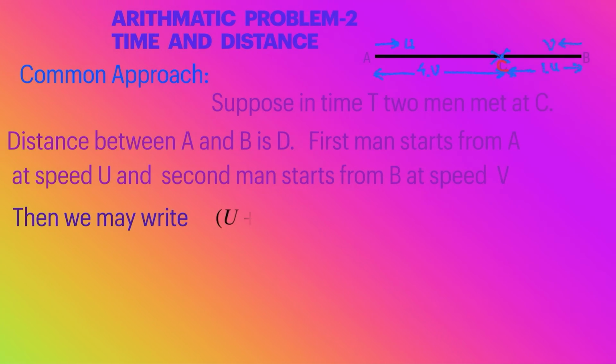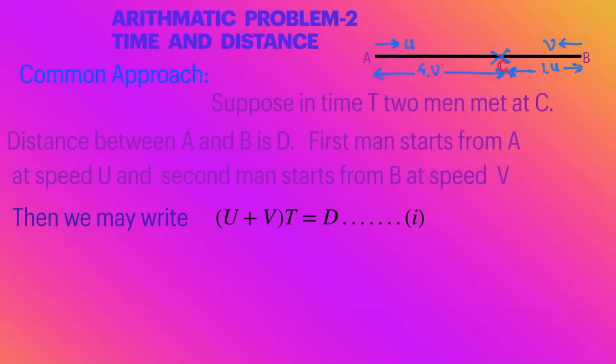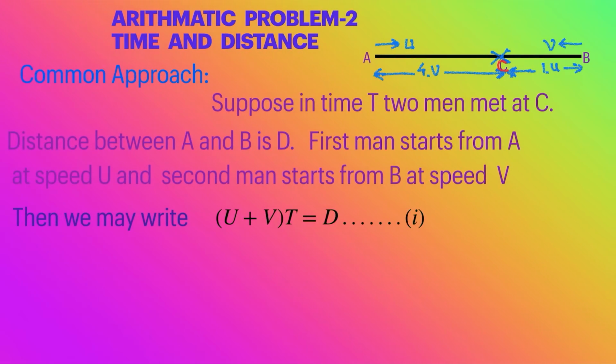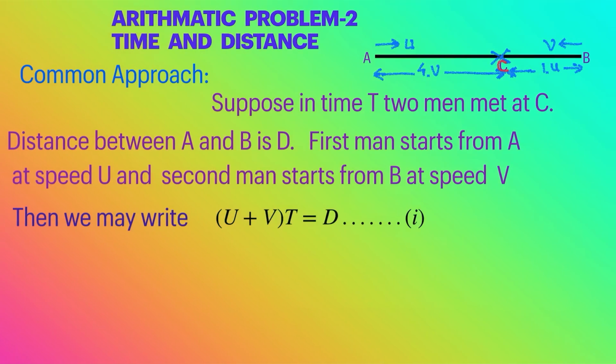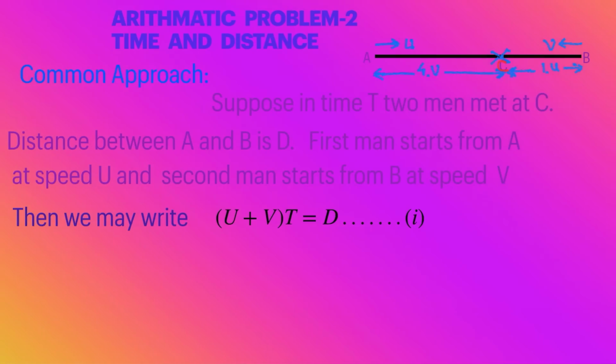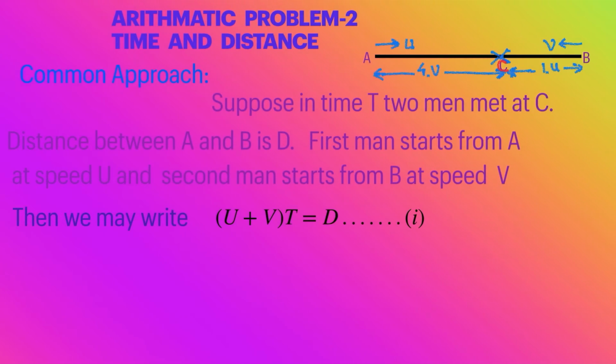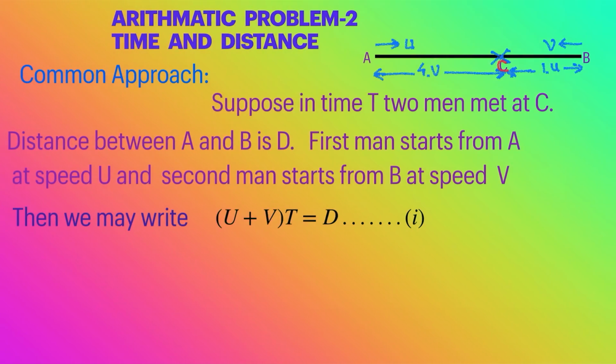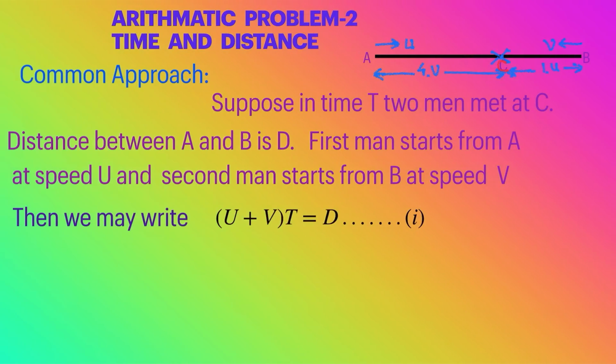Then we may write the equation (u plus v) into t equal to d, because distance is equal to velocity into time. So the effective speed is u plus v, and that is why (u plus v) into t equal to d. This is equation number 1.